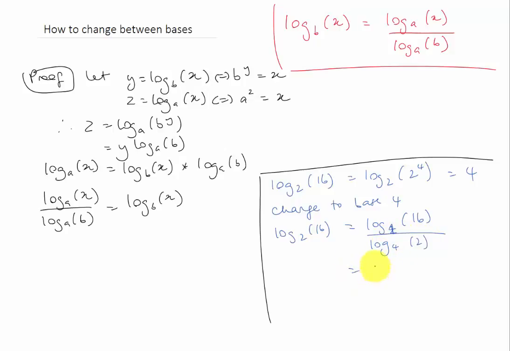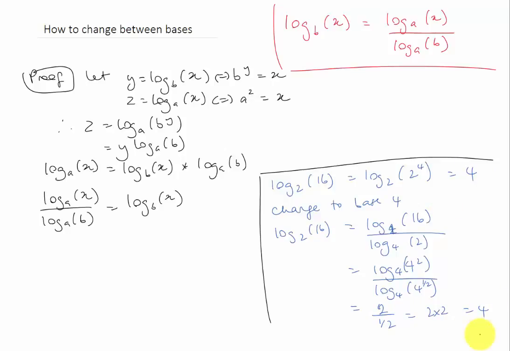So that is equal to log in base 4 of 4 squared divided by log in base 4 of 4 to the 1/2, the square root of 4, which is equal to 2. So that's equal to 2 divided by 1/2, which is equal to 2 times 2, which is equal to 4. So again, these two numbers are the same.